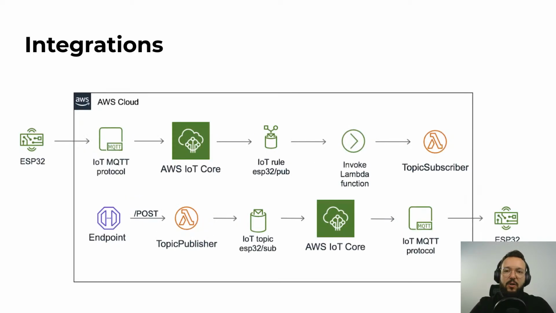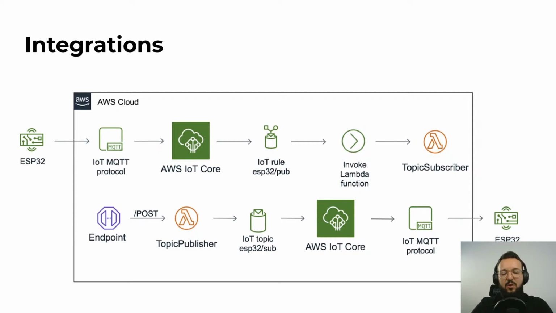What kind of integrations do we have if you would like to picture this visually? So here you get an example from an AWS blog post where they have an ESP32 device which integrates with the IoT Core via MQTT. It sends the messages to the topic. Then on the IoT Core, you've got a rule that invokes Lambda, and that Lambda actually does some kind of job.